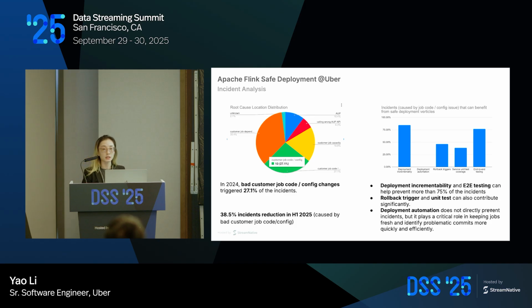Deployment automation does not directly contribute to preventing incidents, but it keeps the job fresh. So if something bad happens, we can quickly identify which commit is bad and roll back as a quick mitigation. We have all the Flink features ready in production for customer adoption this year. In the first half of the year, we had some early adoptions, and we have already seen around 38% incident reduction.